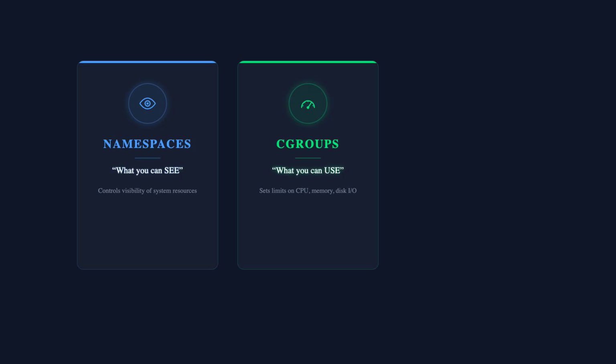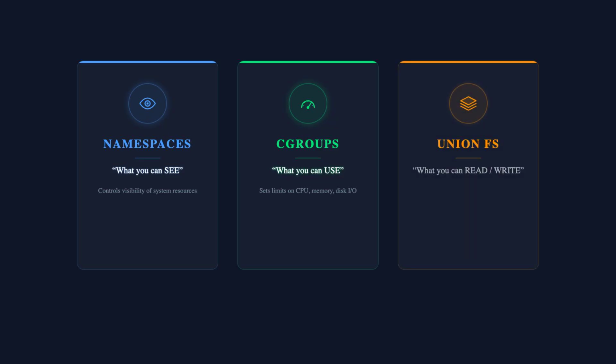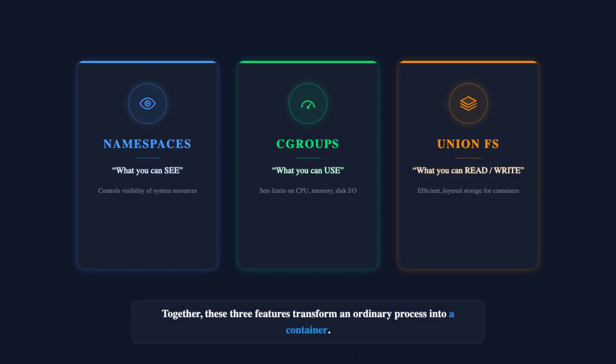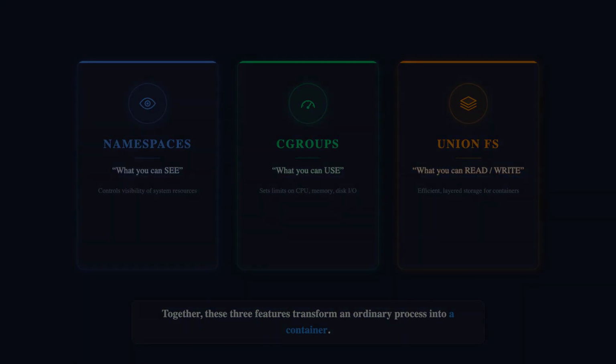Think of it as, what can this process use? Third, union file systems. These provide efficient, layered storage. They let multiple containers share the same base image while keeping their own changes separate. Think of it as, how does this process store data? Together, these 3 features transform an ordinary process into what we call a container.